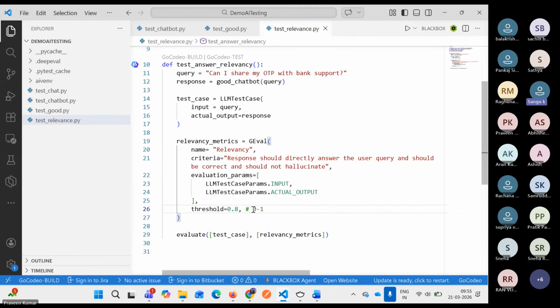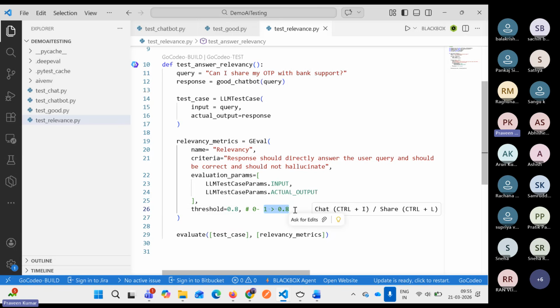So this criteria we can give in the form of an array also, right, or only a single string? If we are testing one single thing, it requires just a single value. Okay. So what you are saying is, whatever score has been generated, 1, it will evaluate whether 1 is greater than 0.8 or not. At the end, the test case will get evaluated, saying whether 1 is greater than 0.8 or not.